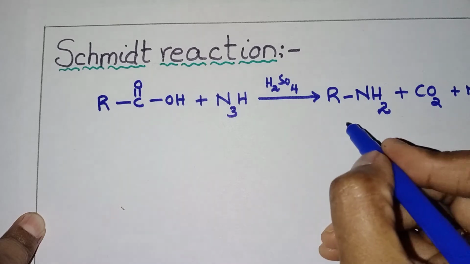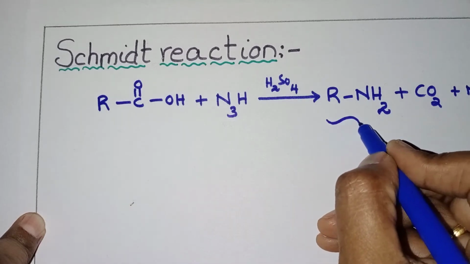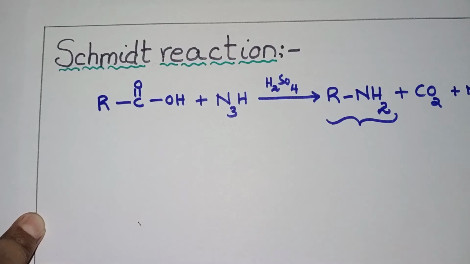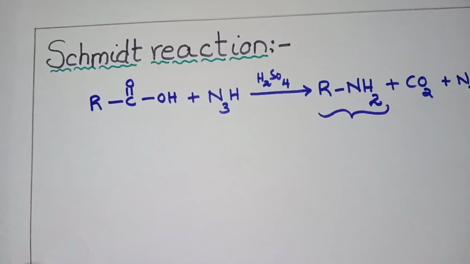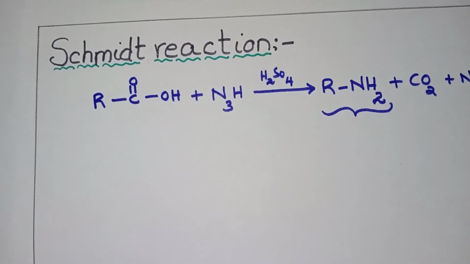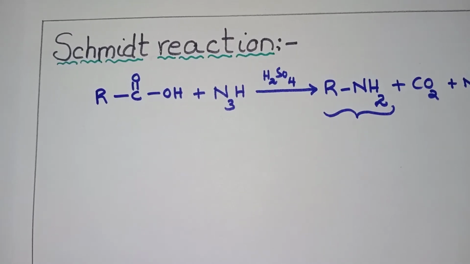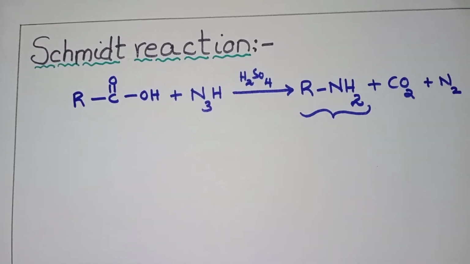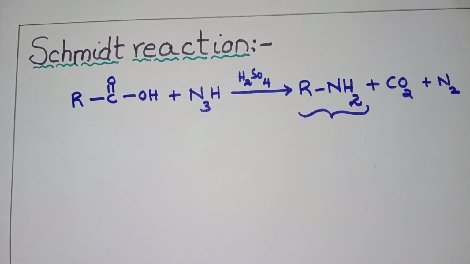So the main product is the formation of amines when carboxylic acids are treated with hydrazoic acid in the presence of H2SO4. Write down RCOOH plus N3H in the presence of H2SO4 gives RNH2 plus CO2 plus N2.